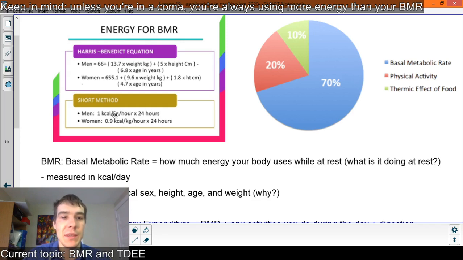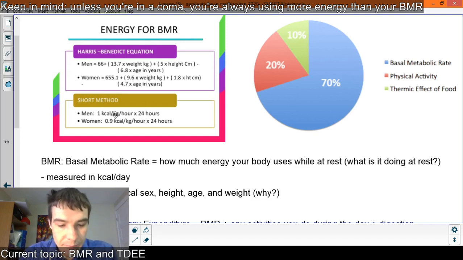There's also a short method, 1 kilocalorie per kilogram per hour times 24 hours, or 24 kilocalories per kilogram. So I'm going to sneak into the short method here, and you'll see that it pulls up about the same for me. Calculator, it's 24 times my mass in kilograms, 75.